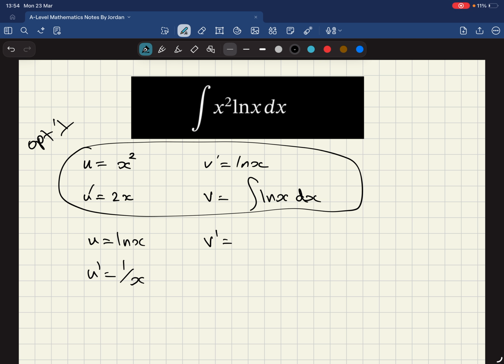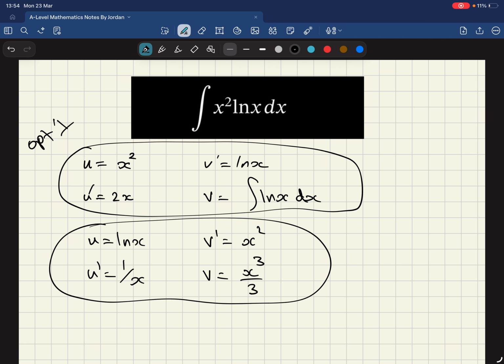That would mean v dash here would be x squared, and v would be x cubed over 3. The bottom one seems the easier choice. However, you're still going to end up with x's in the next integral. But we'll see how this happens anyway. We'll see what happens.